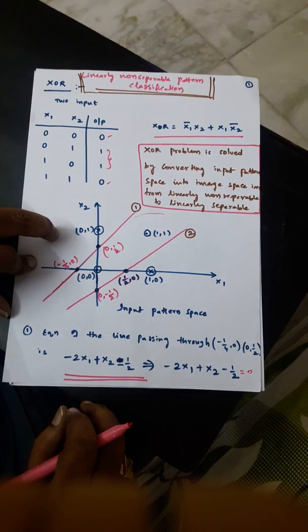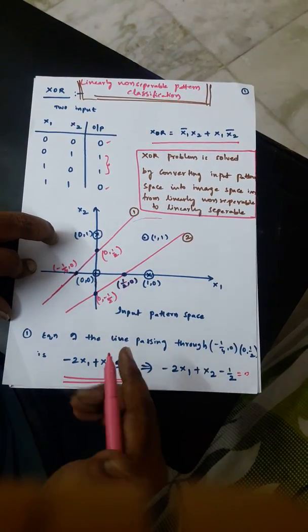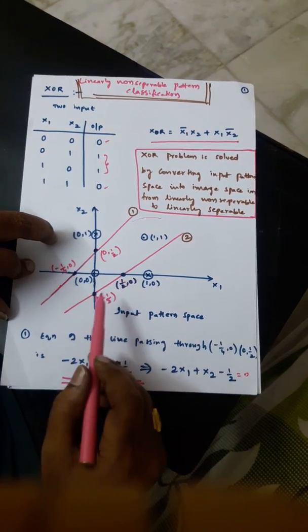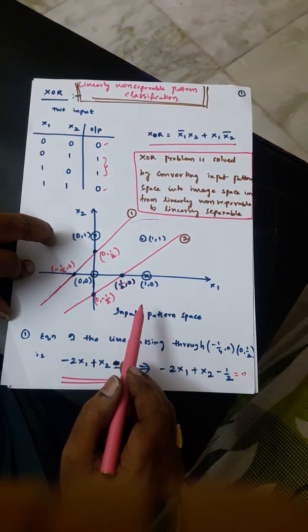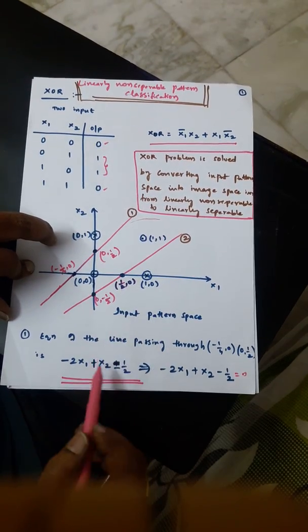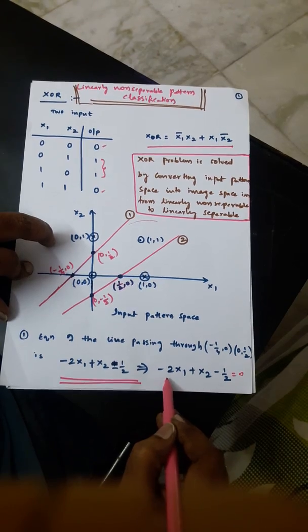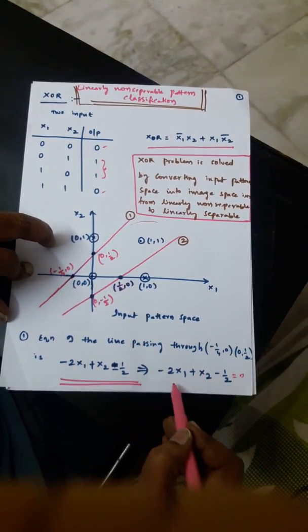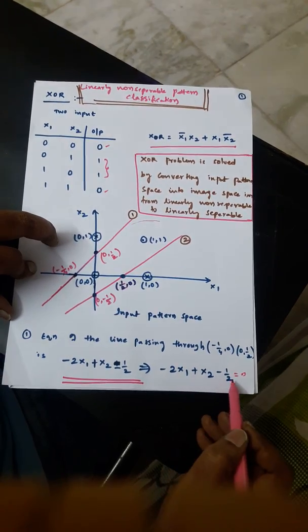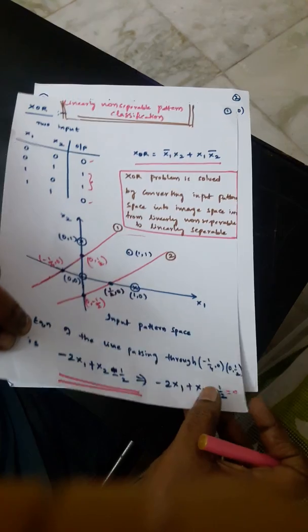What is the formula to find the equation of a line? y minus y1 equal to m into x minus x1, where m is y2 minus y1 by x2 minus x1. Accordingly, the equation of the line passing through the points minus 1 by 4, 0 and 0, 1 by 2 is minus 2x1 plus x2 minus 1 by 2 equal to 0. So remember this.